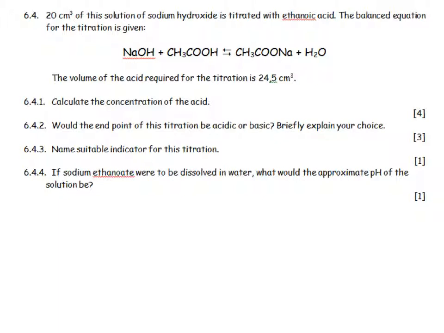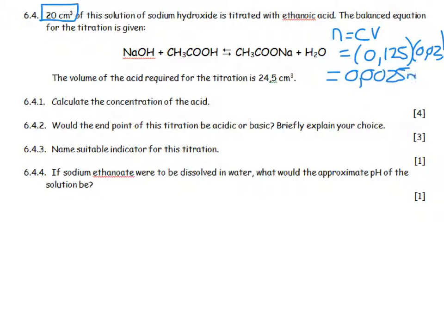So the first thing I can do is say, what were the number of moles, concentration times volume, and I am going to be using 20 centimeters cubed, and the concentration we calculated in the previous part was 0,125. 20 centimeters cubed is 0,02 decimeters cubed, and that is 0,0025 moles. The mole ratio is a 1:1 mole ratio, which is quite nice because then I can just take that number of moles straight in.